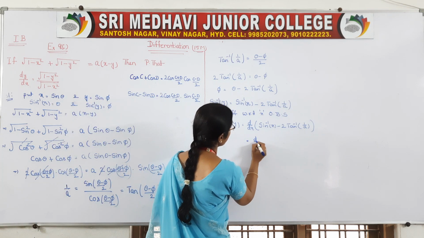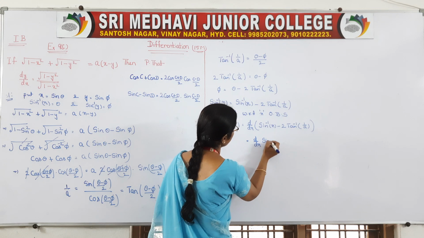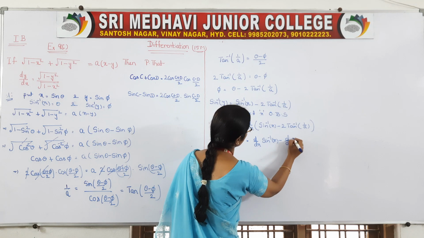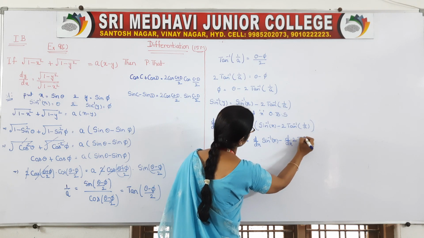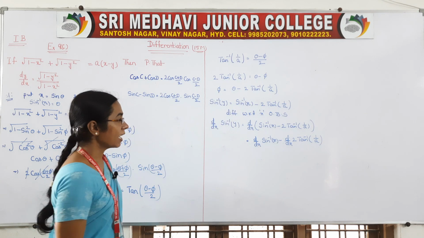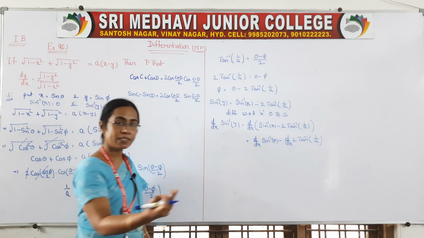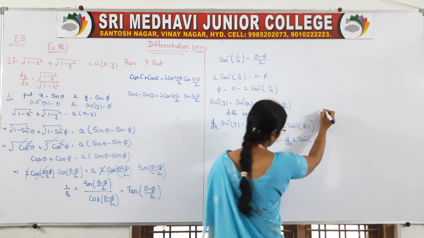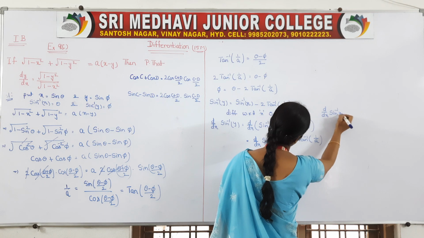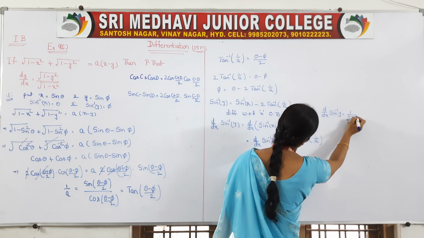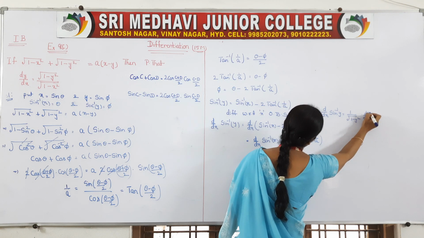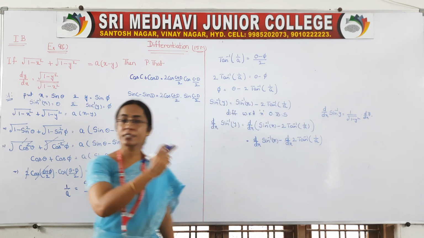So it is d by dx of sin inverse x minus d by dx of 2 tan inverse of 1 by A. So this side, d by dx of sin inverse y, it is a standard form. Do you remember what the formula is? d by dx of sin inverse y is equal to 1 by root of 1 minus y square into d by dx of that variable. That variable is y here.